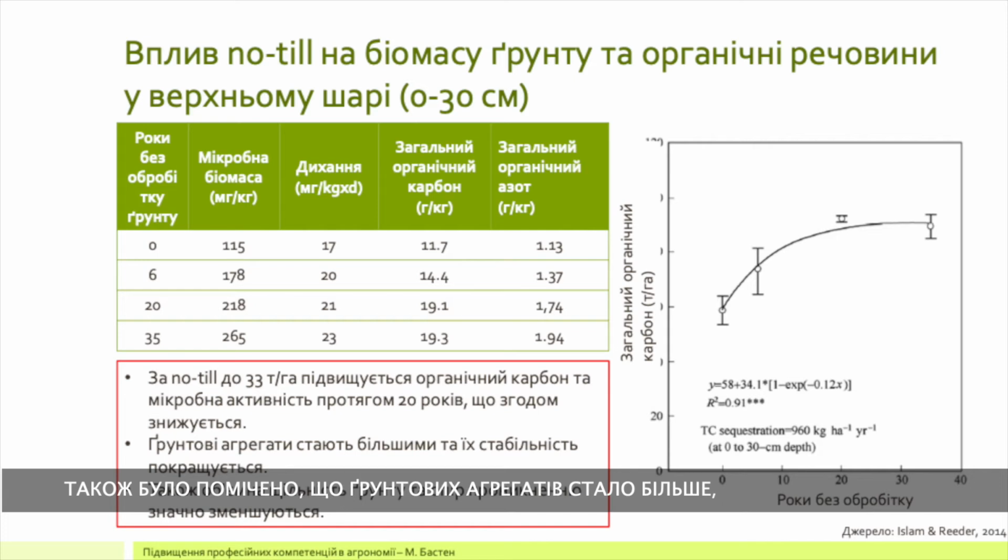What has also been observed is that the soil aggregates became bigger, and the stability of aggregates has improved, and the penetration resistance has decreased significantly, which is obvious if you have more organic matter, organic carbon in the soil.